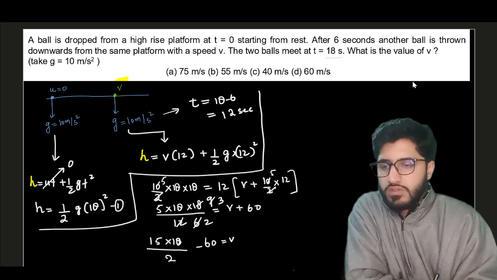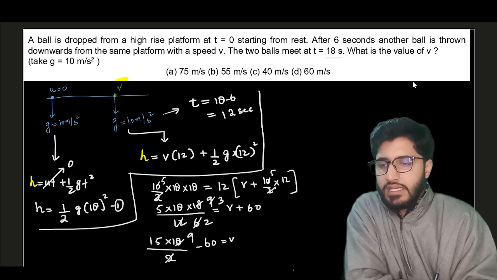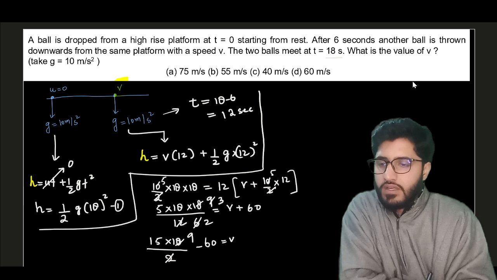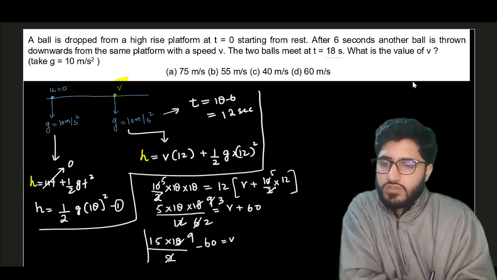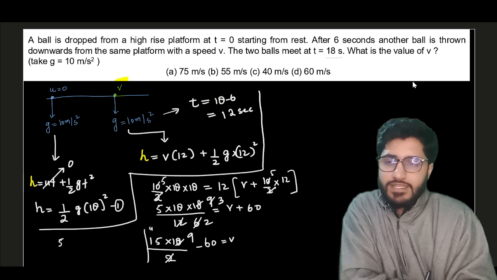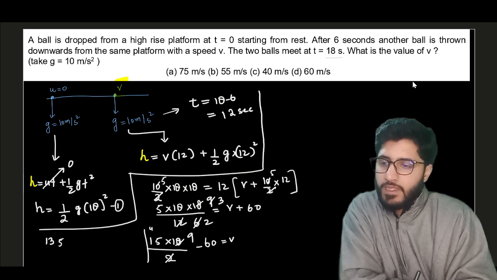Yeah, I can do one more thing. 2 ones are 2, 2 nines are 18. We have 9 into 15, minus 60. What do we have now? 15 into 9 is 135. 9 plus 4, that is 13, minus 60 comes out to be v. 5 minus 0, 5, right?